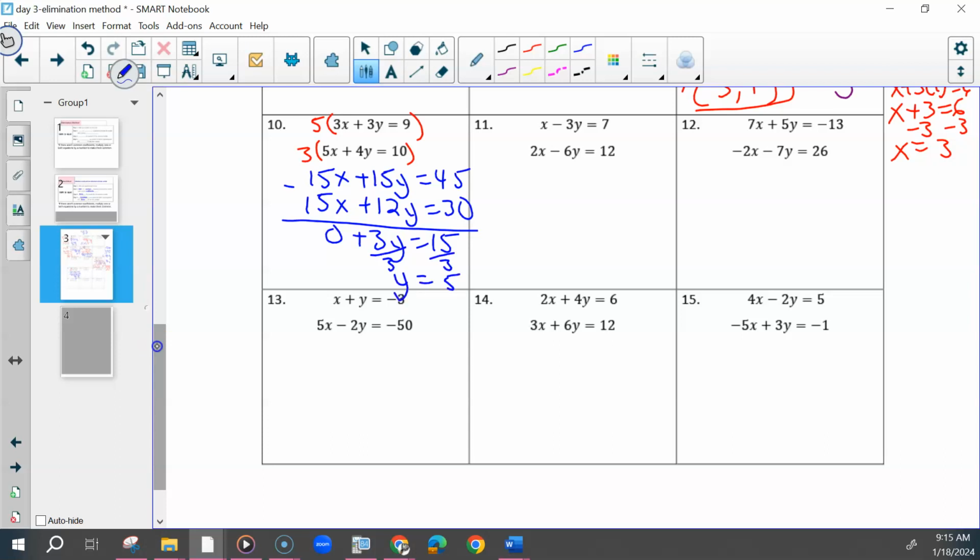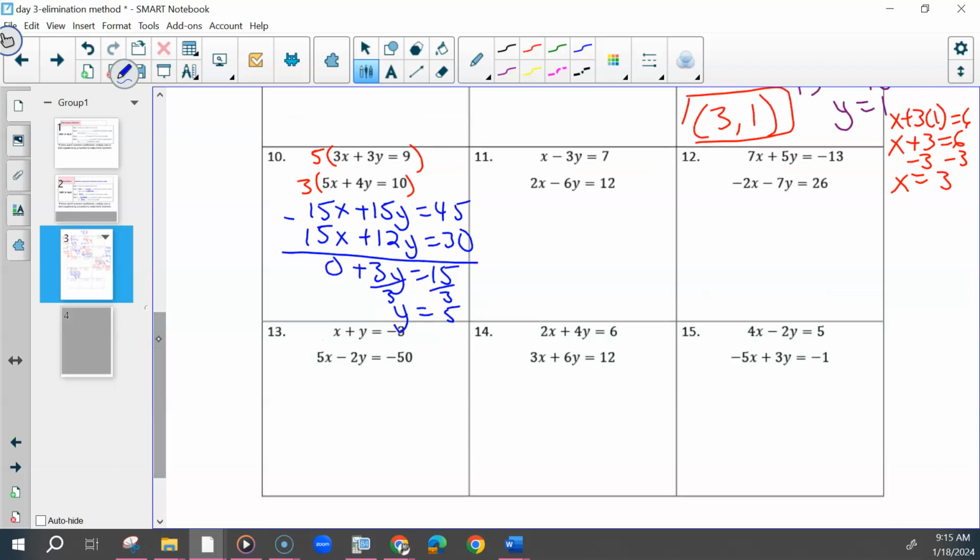5. And now you have 4 choices to put your y value back in to find x. Pick one of those and start to solve.